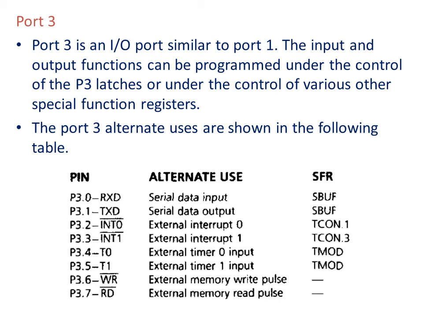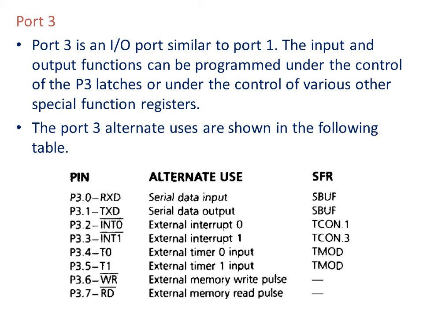As shown in the table, P3.0 can be used as serial data input. P3.1, its alternate use is serial data output. P3.2, its alternate use is external interrupt 0. P3.3 can be used as external interrupt 1. P3.4 can be used as external timer 0 input.